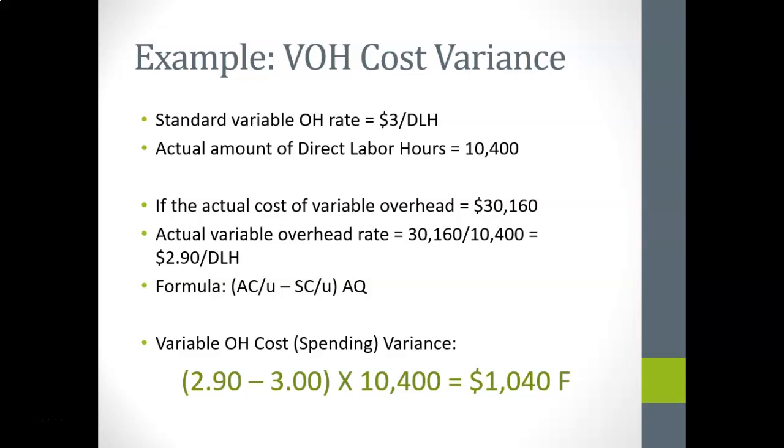And that equals 1,040 cost variance. Okay, is it favorable or unfavorable? I go back to the beginning of my formula. $2.90 actual is less than the standard that we thought we would use, and so this will increase operating income, and it is favorable.